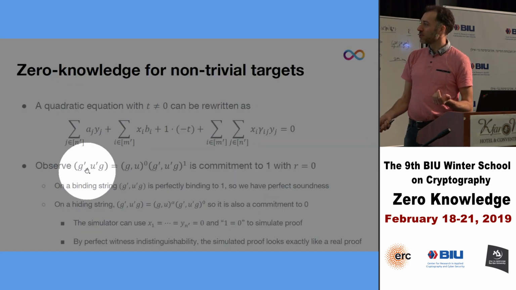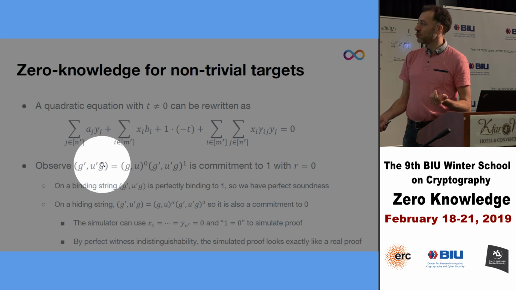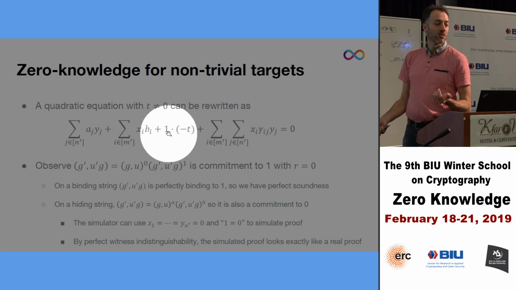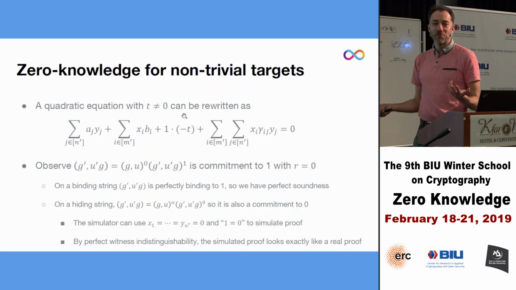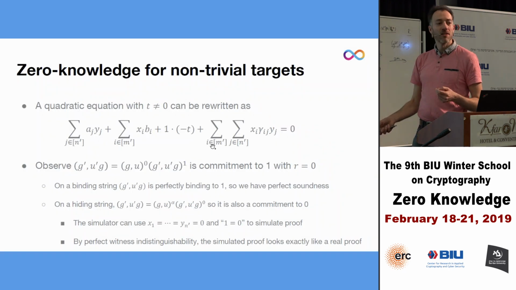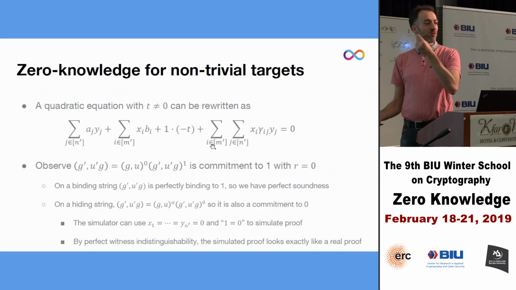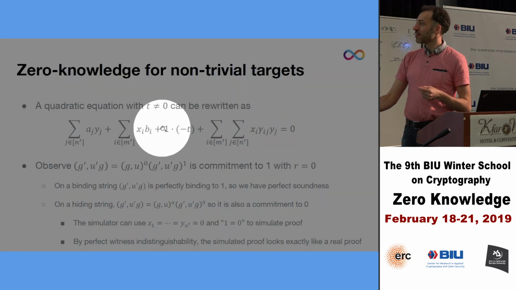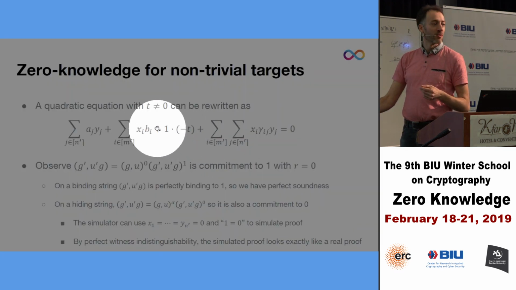G prime and U prime times G is actually a commitment to 1. It's G comma U to 0, and G prime U prime G to 1. So the way we defined the commitment scheme before for a field element fits perfectly, and we have this commitment to 1. So let's use that default commitment to 1 as a commitment to this 1. Okay, and now we're good to go.